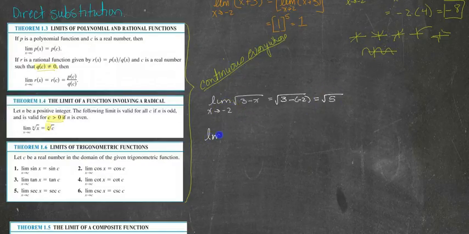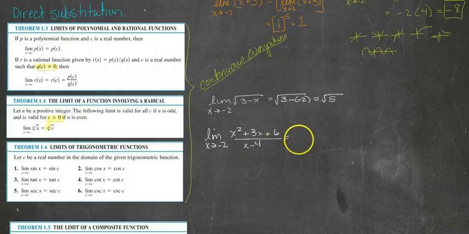One more, the limit as x approaches -2 of a rational: x squared plus 3x plus 6 over x minus 4. So first thing I want to do is make sure that I'm not going to end up with a 0 in the denominator. -2 take away 4 equals -6... I'm good to go.